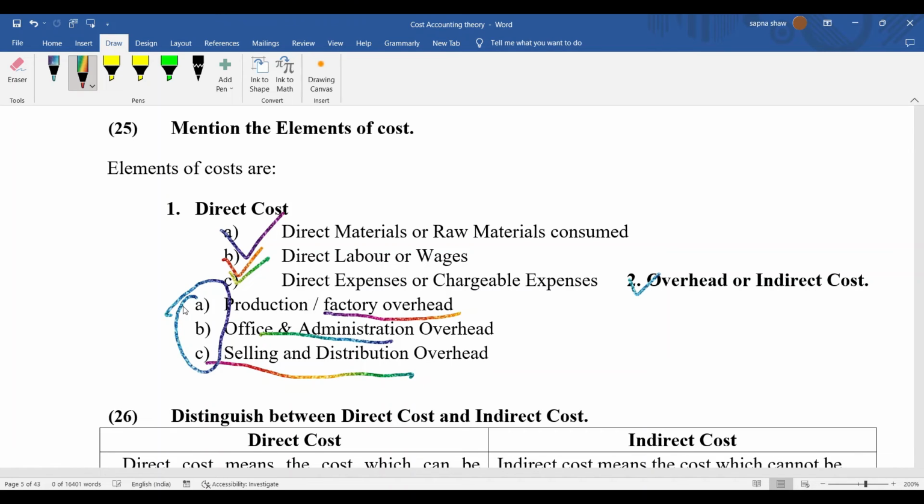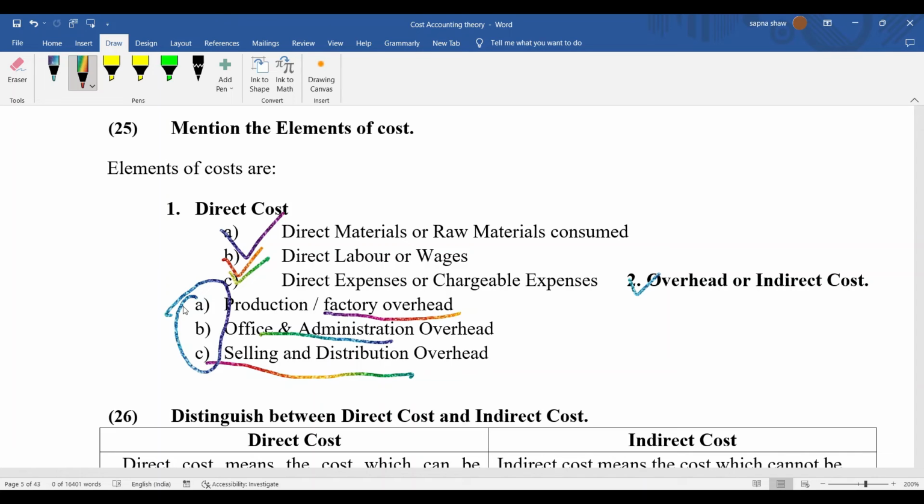See, you people need to understand what is direct expenses and what is indirect expenses. But again, you have to be very clear that if it is an indirect expense, ultimately which category it belongs to, whether it is a factory overhead, an office administrative overhead or a selling distribution overhead.